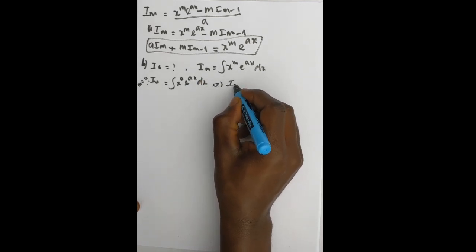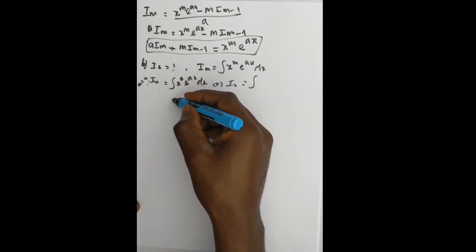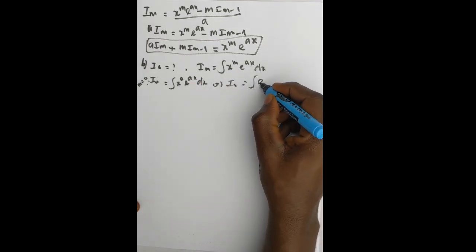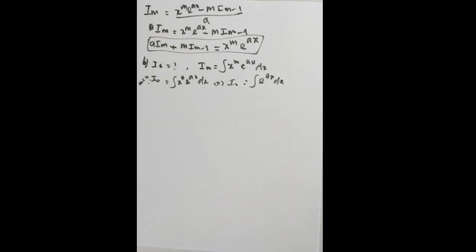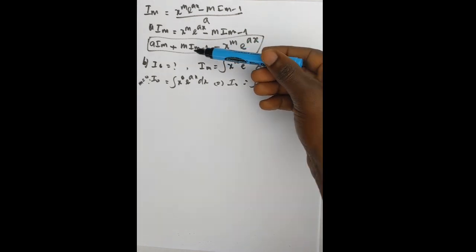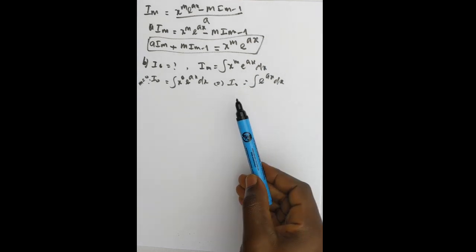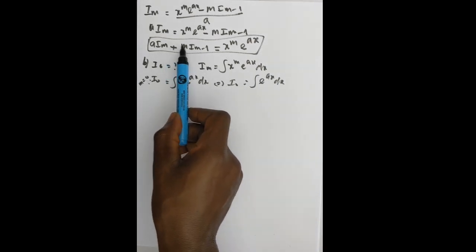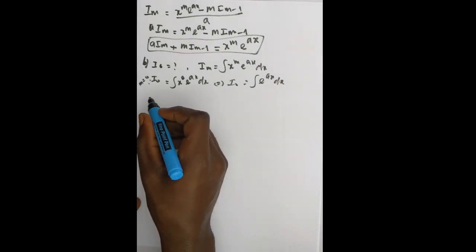This means that I0 is equal to the integral of 1 times e power ax dx. We are not going to integrate this as we have the integration relation. So when we want to get I0, we will replace m equal to 0 in this expression and then get the value of I0.